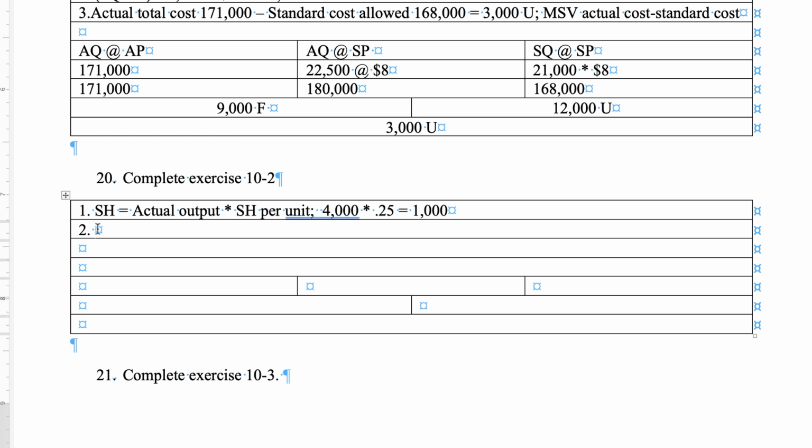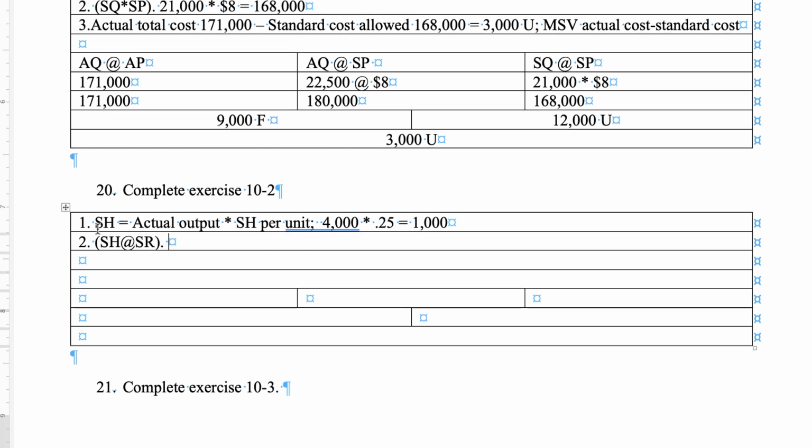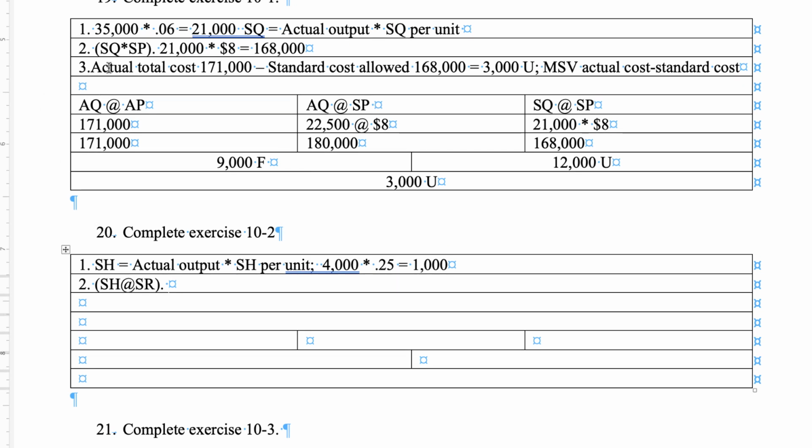Number 2 says, what is the standard labor cost allowed to prepare 4,000 meals? So in the problem, they tell us, hey, we want you to calculate the standard hours at the standard rate. Okay, not a problem. Guess what? We're doing the same thing we did up here in problem number 1.